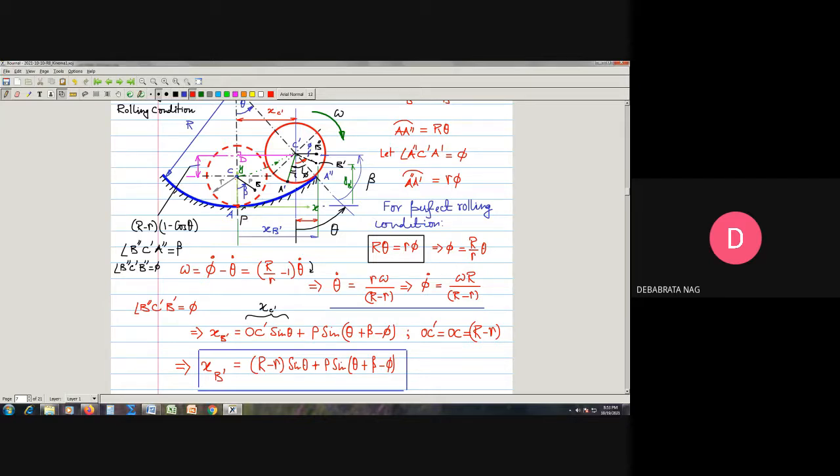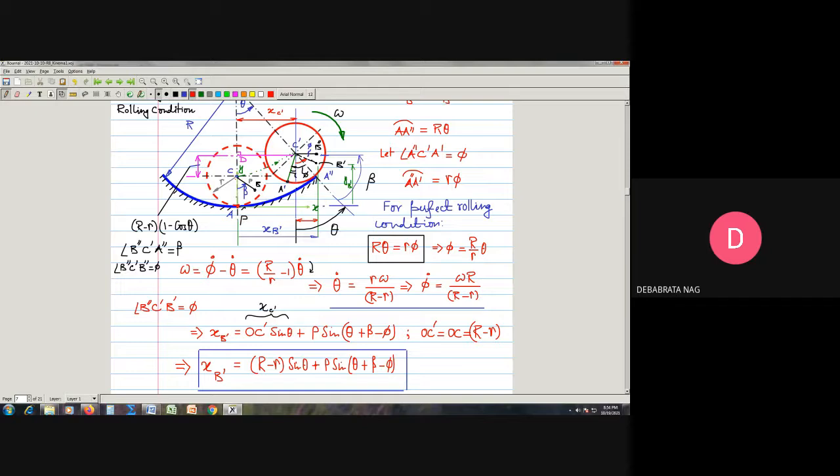Say this point A has now come to A dash when it has gone by an angle theta. I have taken it to be a part of a circle, but if you consider a complete circle and allow this cylinder-like or sphere-like substance to roll without slipping over the entire surface, what will be the locus of this point A? The locus here will be termed the hypocycloid.